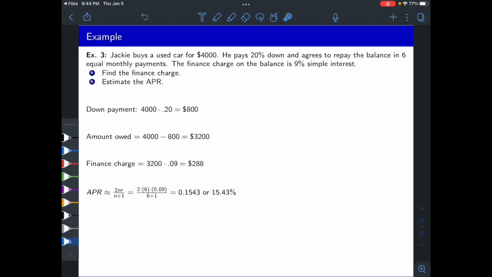So we plug all this in: 2 times 6 times 0.09 over 7 is equal to 0.1543-ish, which we're rounding here, so this is roughly 15.43%. All right, cool.